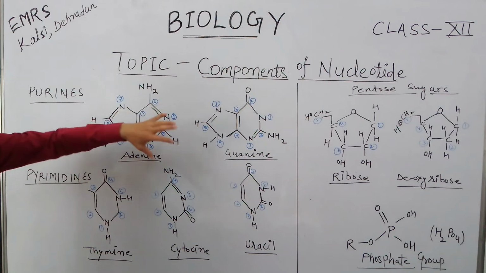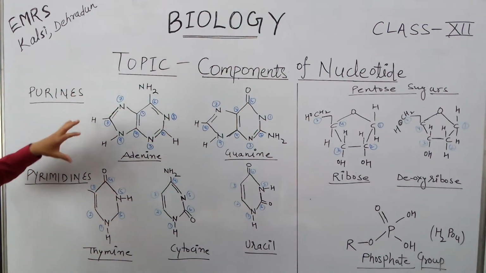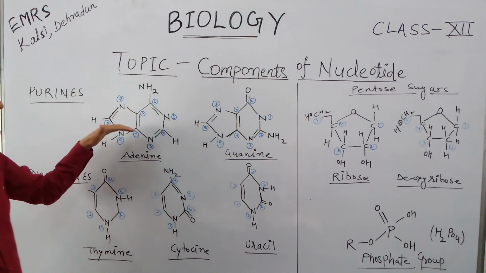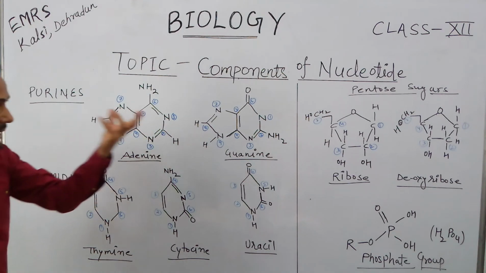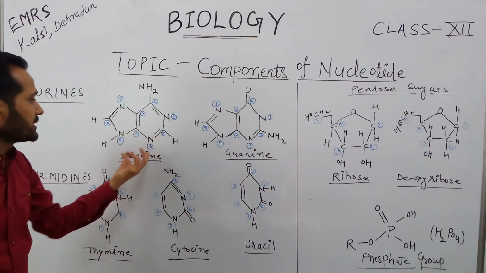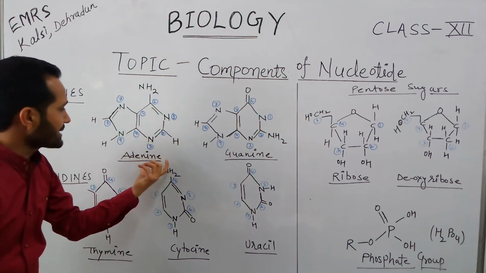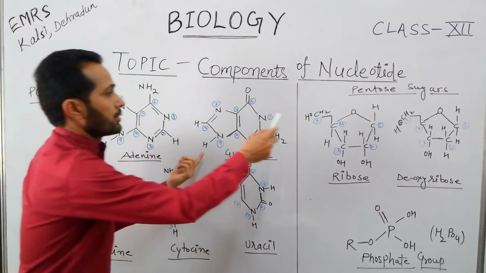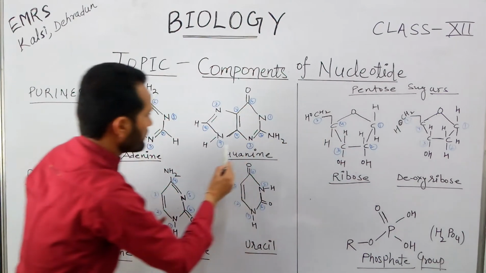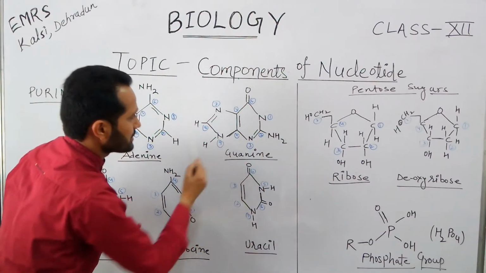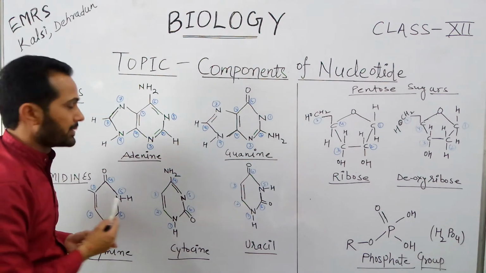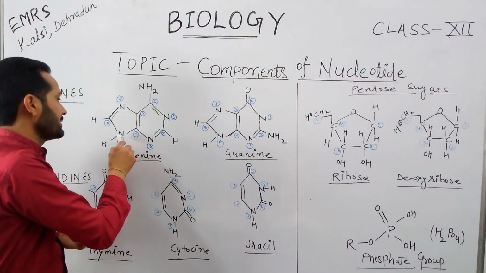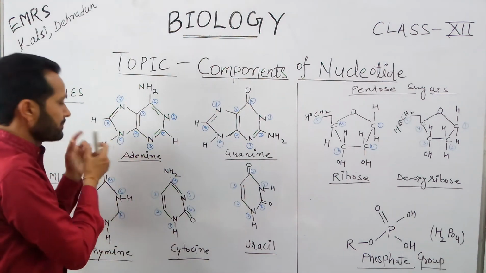When nucleotides are formed, the pentose sugar is added to any of the nitrogenous bases. When the pentose sugar is joined with the purines, adenine and guanine, the first carbon is always added to the nitrogen present at position number 9.